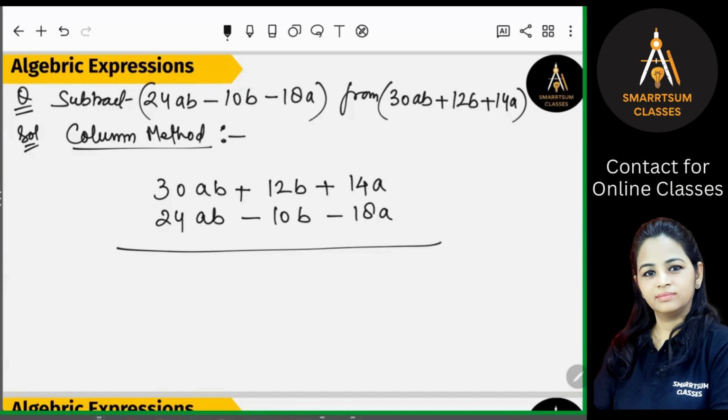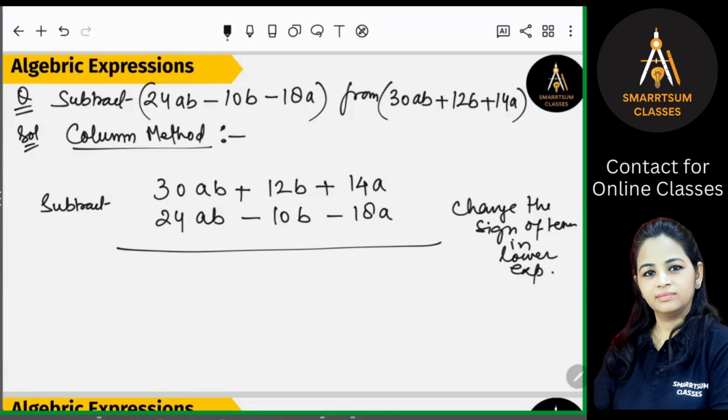The purpose of leaving this gap is that while doing the subtraction, we always change the sign of the terms in the lower expression.